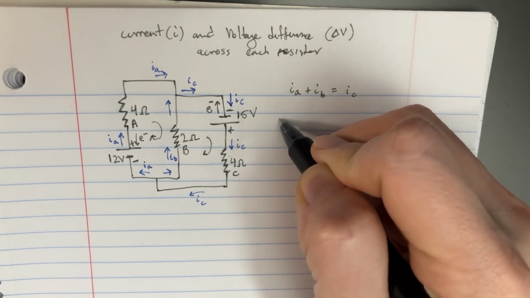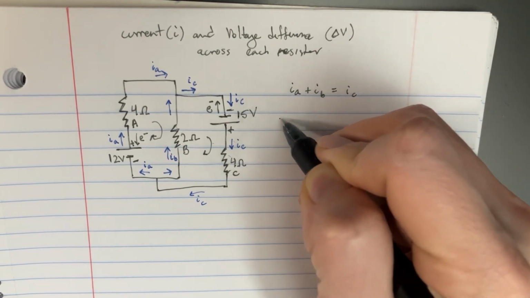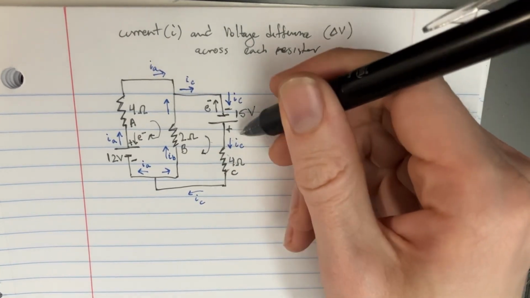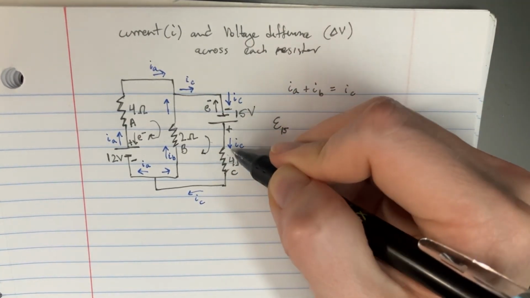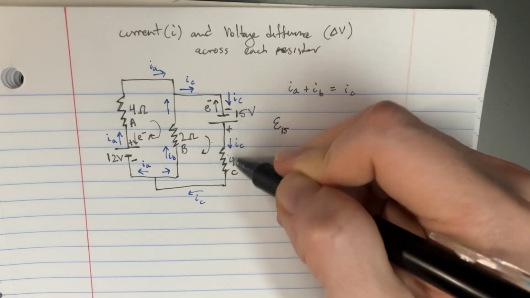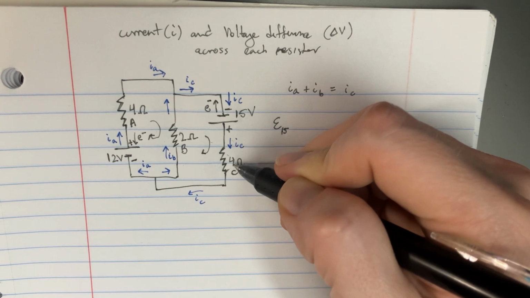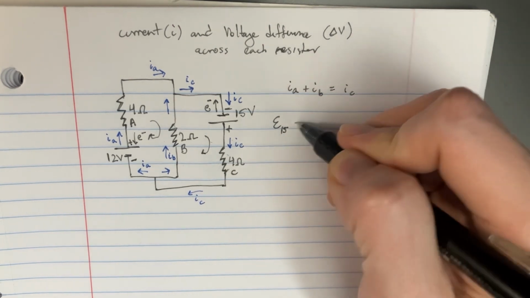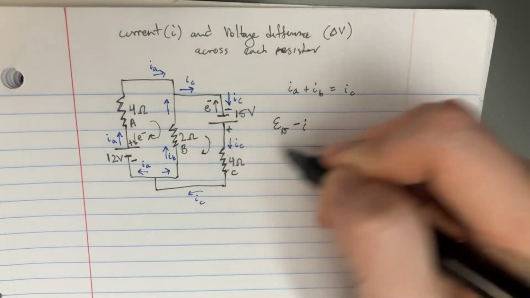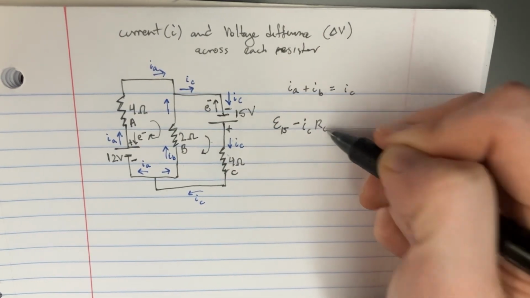So we'll just say epsilon 15, that would be this first one. We're going to follow that with the plus side, and notice how this is following the current in this direction. And so that means that we're going to want to go minus the next thing, which would be IC and then RC.